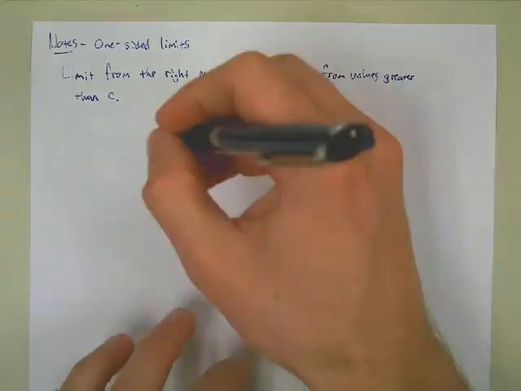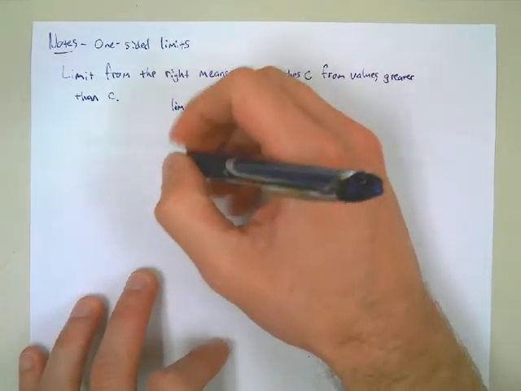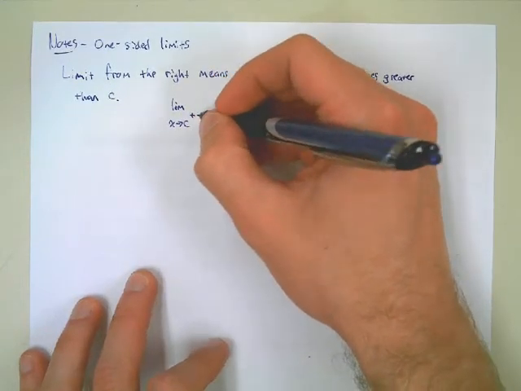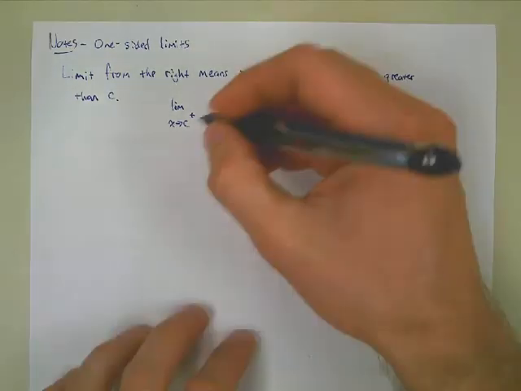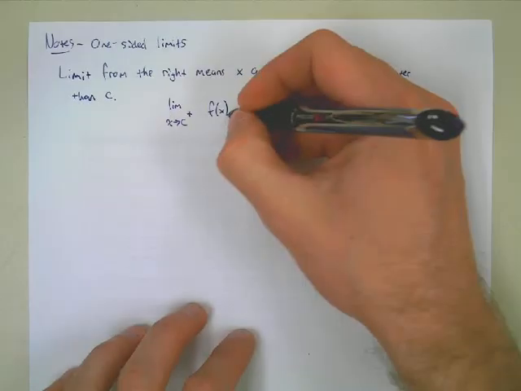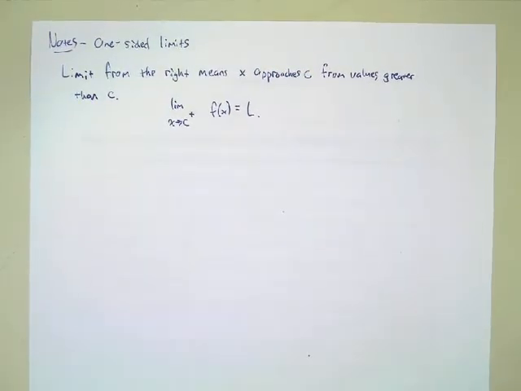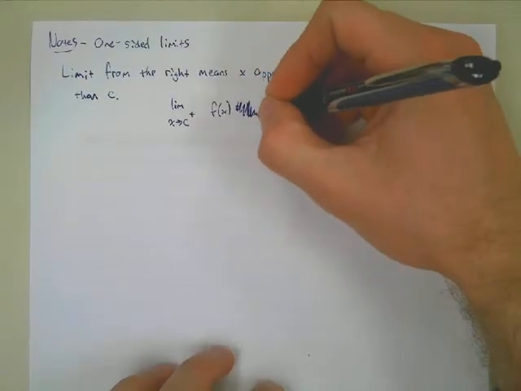The way we denote that is the limit as x approaches c, and we put a little plus sign in the exponent spot. So, the limit as x approaches c from the right. Actually, I'm going to get rid of that equals L part. We really don't need that.